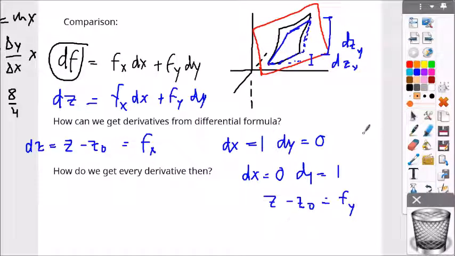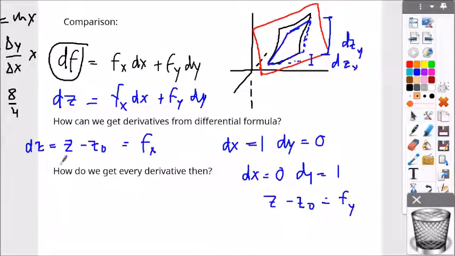Every 1 change in x you will get an f sub x change in z. Every 1 change in y you get an f sub y change in z, right? So every 1 change in this particular direction, what combination of f sub x and f sub y will you get is what we want to answer today.